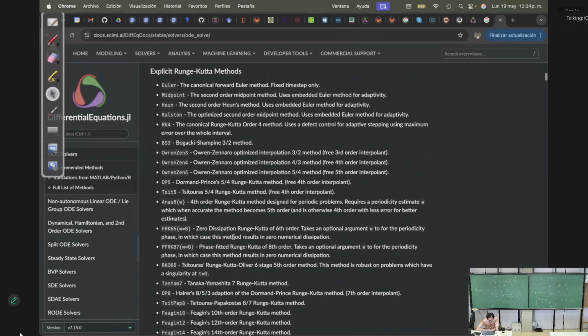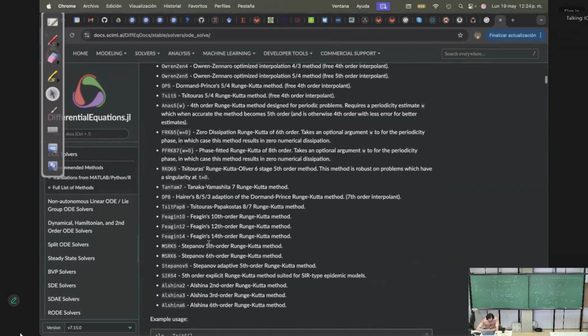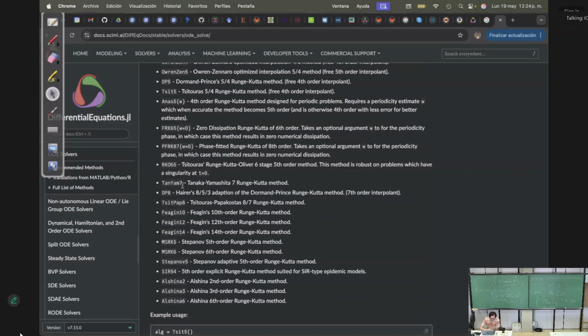Full list of methods. So here we have a lot, for example a 7th order Runge-Kutta method implemented here.